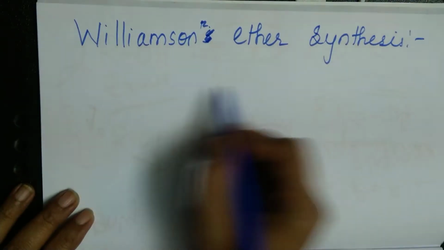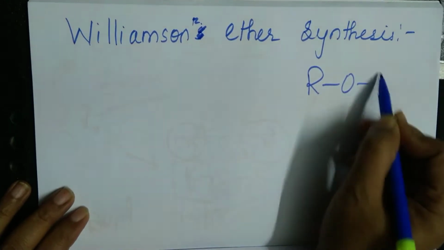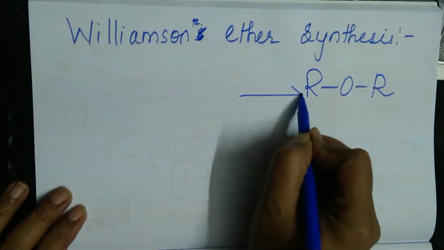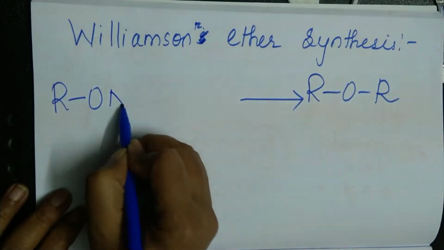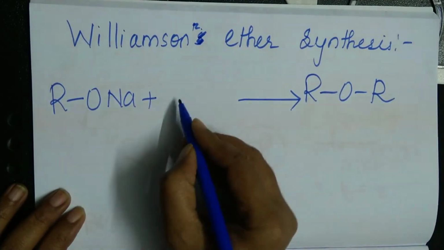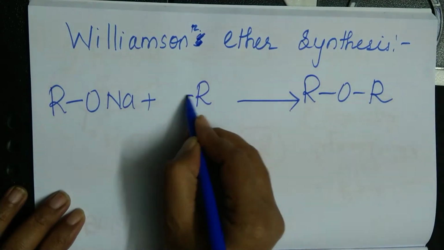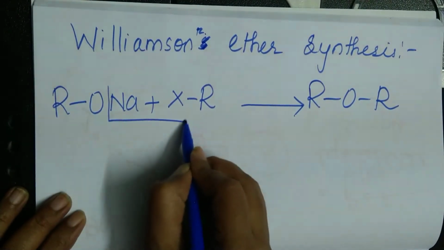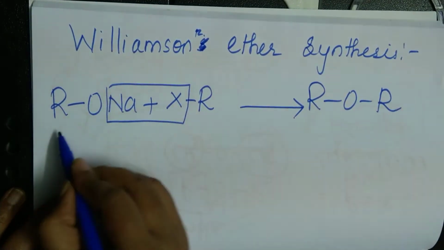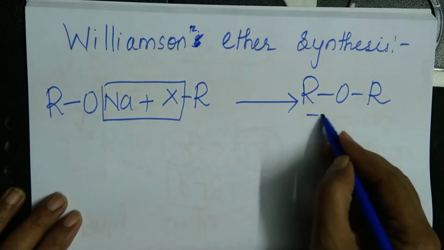Preparation of ethers by Williamson's ether synthesis. Here we are going to react sodium alkoxide with alkyl halides. So alkyl halides, I am going to write it like this. So there is removal of NaX giving you ROR.